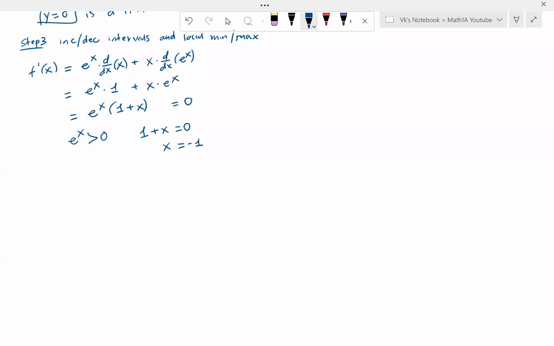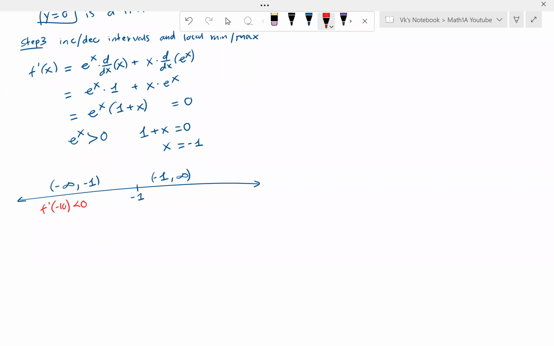Yay. Only one critical number. Let's do the testing. Negative infinity to negative 1, negative 1 to infinity. Pick a test point and do the testing. So f prime of negative 10 here would be less than 0.